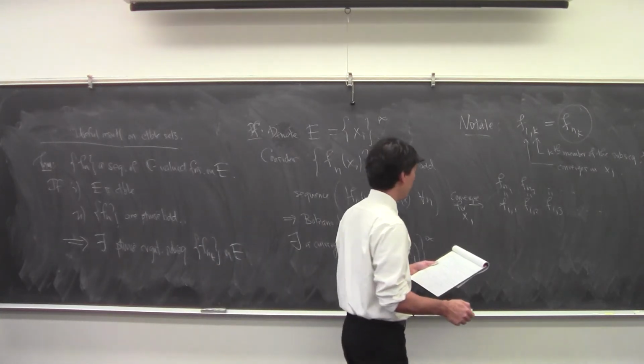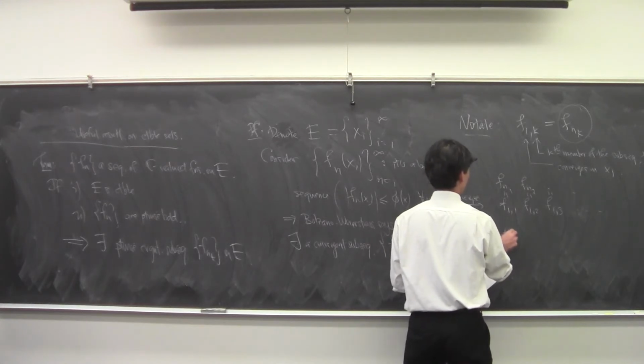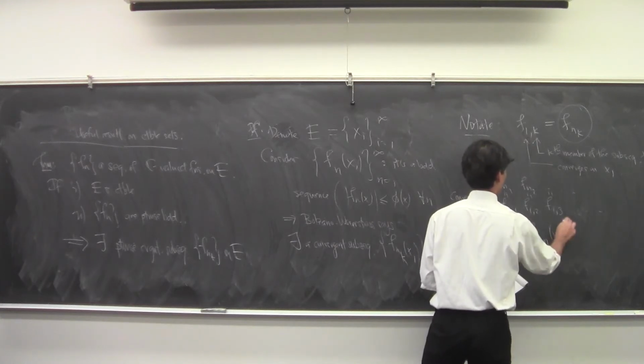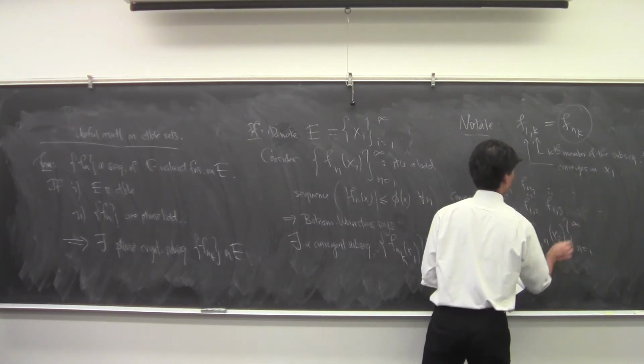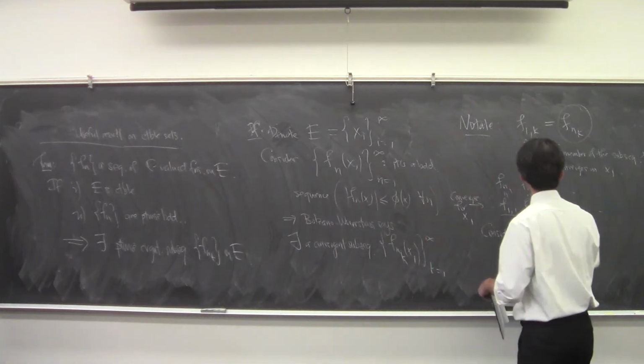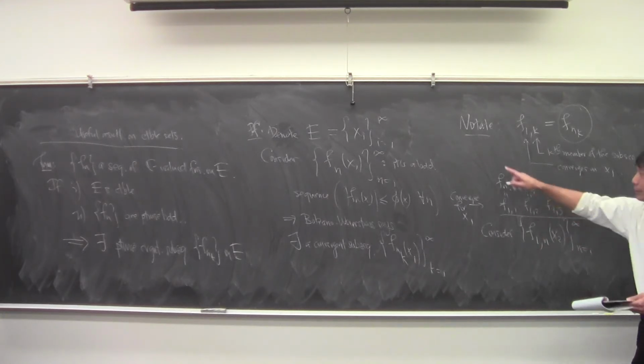And so what you do is, now I'm going to consider F1n at x2, as n goes from 1 to infinity. I've got my sequence here, and I use that subsequence as my new initial sequence. I know that if I look at x2, there's going to be some subsequence that converges on x2, because all these things are bounded for the exact same reason.